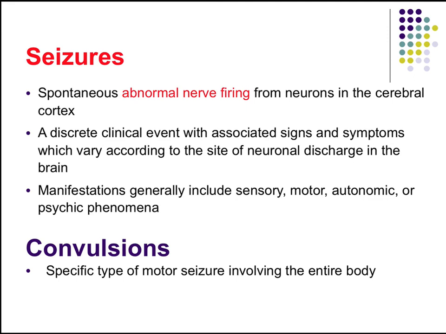And manifestations will generally include a sensory phenomenon, motor, autonomic, or even psychic. Again, depending on if it's the sensory cortex or the motor or the areas of the brain related to autonomic function. If it's a motor output, so if you have a motor seizure where your entire body is convulsing, then obviously that's called a convulsion.